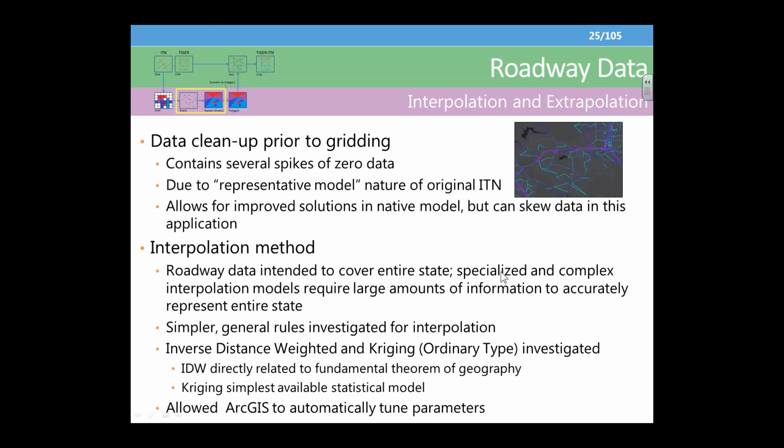I will actually show some analyses we did as far as how far we deviate after this entire process from the original raw ITN data once we project it onto Tiger and a couple of other steps. But yes, the model itself is built from validated data and models. Okay, thanks. Yep.